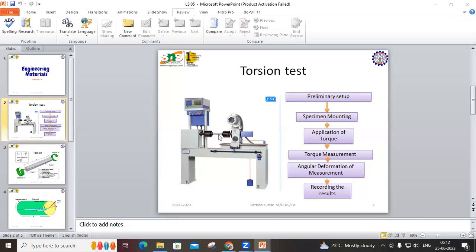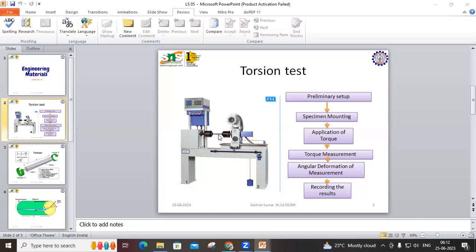The torque measuring system is typically based on strain gauges or strain sensitive elements, which detect the deformation or strain caused by the applied torque. For angular deformation measurement, the twisting angle of the specimen is measured as the test progresses, typically using a dial gauge or an optical device.